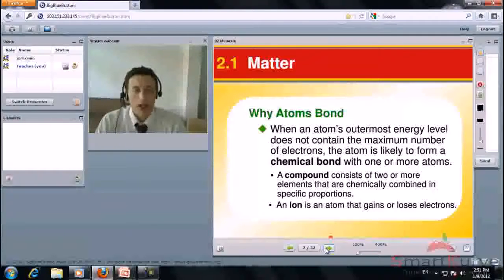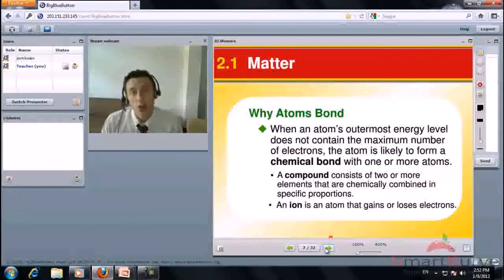As an example, let's take our very simple compound of water. In water, we have 1 atom of oxygen. Now, what do we know about oxygen? We know that its atomic number is 8, meaning that it has 8 protons in the nucleus and 8 electrons surrounding that nucleus.